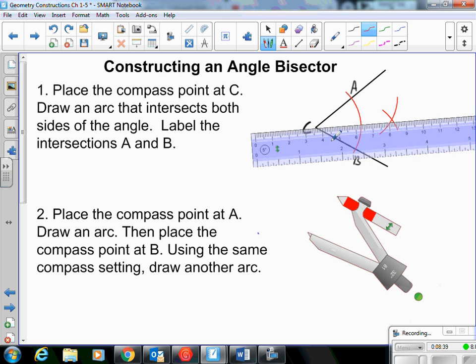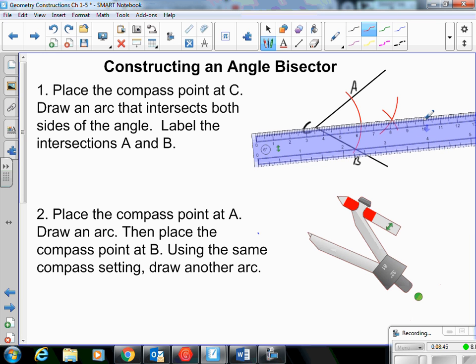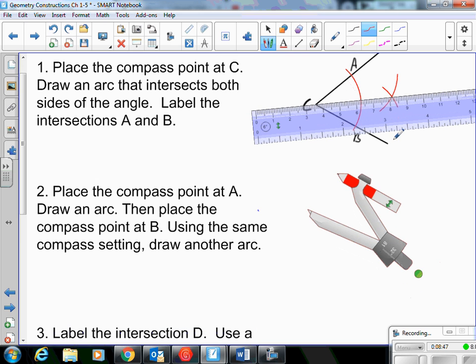And then once you got those in place, then we're going to line up our straight edge. And that intersection is D, so we're going to connect C and D with a line.